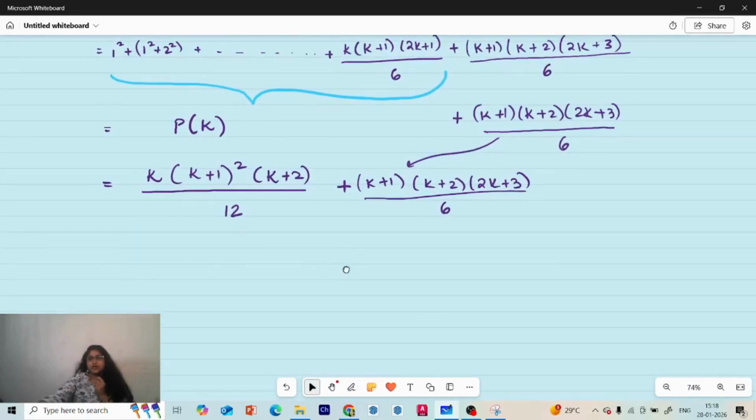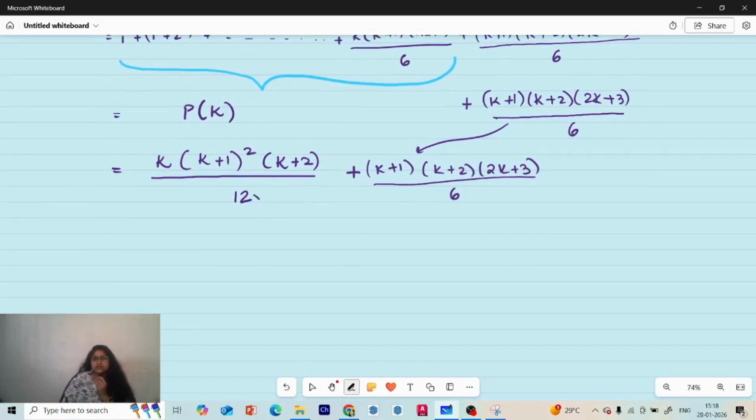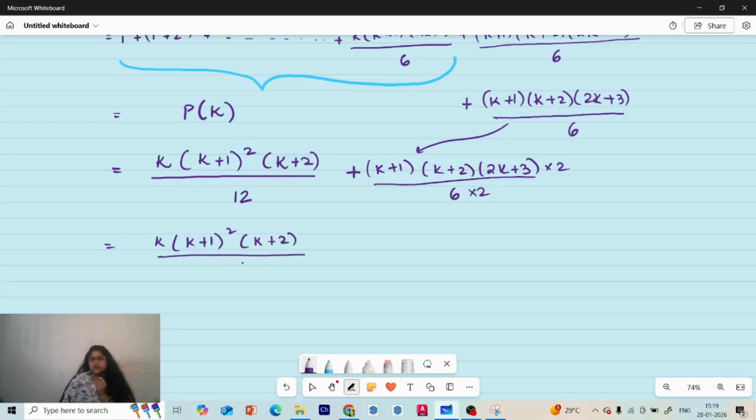Okay, now I think we can solve it easily. LCM 12 కాబట్టి obviously దీనికి into 2 ఇక్కడ రావాలి కదా, into 2 తీసుకుందాం, దీనికి into 2 తీసుకుందాం. సో ఏమొస్తుందమ్మా, k into k plus 1 whole square into k plus 2 by 12 plus, okay, because the LCM ఒకటే వస్తుంది కాబట్టి I'm just adding it up like this.